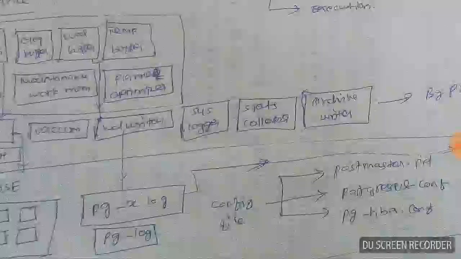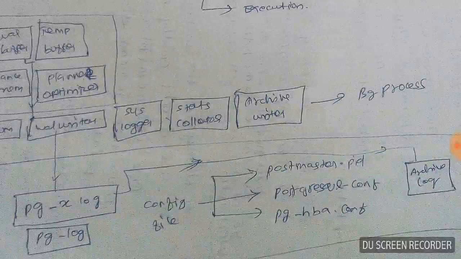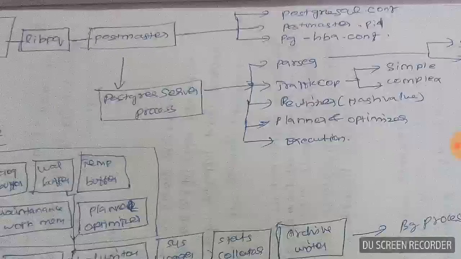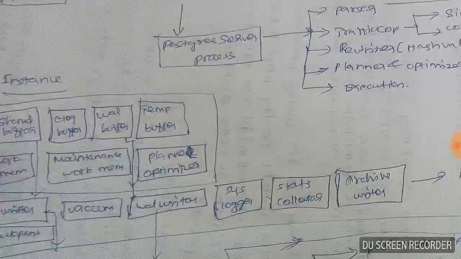After this, I will explain everything. One thing I'm not explaining here is the CLOG buffer. In Postgres, auto commit is enabled. In postgresql.conf, there is a parameter for commit.